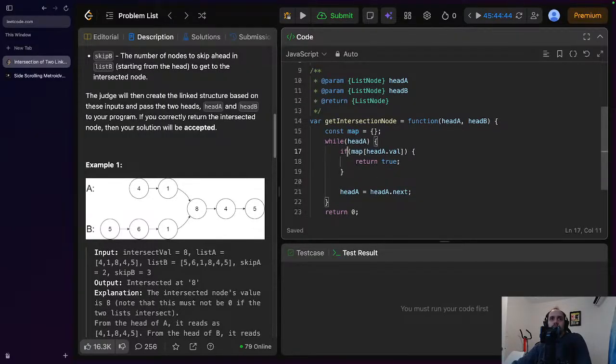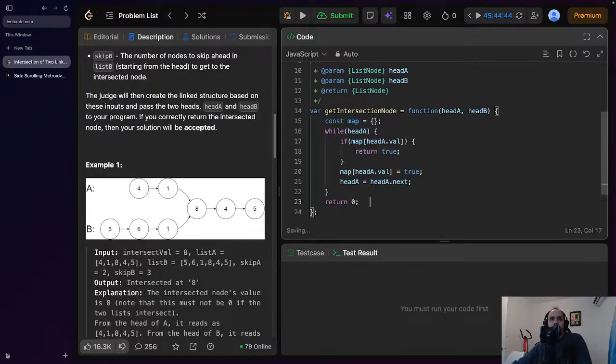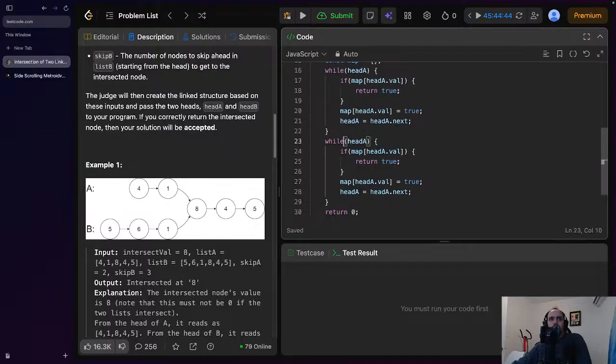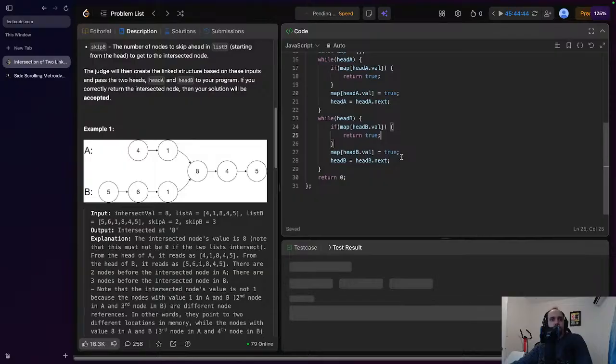And then this would be true. Now we have to do the same thing for B, just to see if I'm understanding the problem.